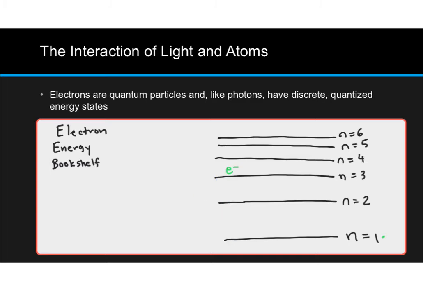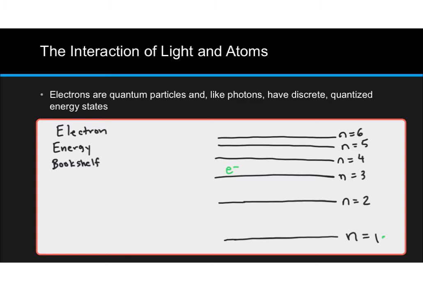Alright, so I just erased everything, and now what I've got is an electron that's sitting on the third energy shelf of its electron energy bookshelf, and we have removed any light source that had been supplying that electron with energy in the first place. So, all that electron has to support it being on the third energy shelf is energy from its atom's nucleus alone.